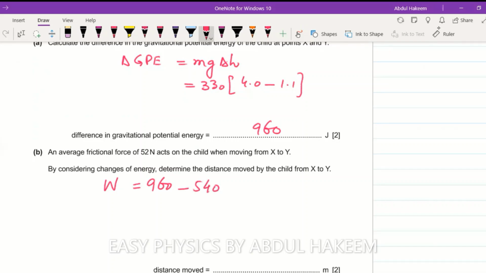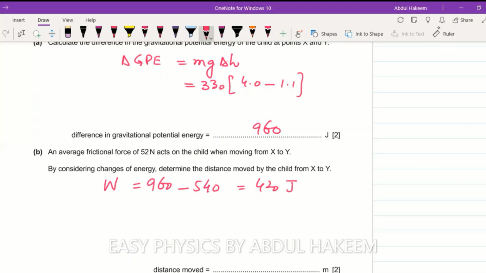The rest of the energy is wasted, converted as heat due to friction. So first of all, we have to calculate the work done against friction. The loss of the potential energy is 960, and 540 is the gain. It means the remaining energy is utilized against the friction. So this answer is 420 joule approximately.